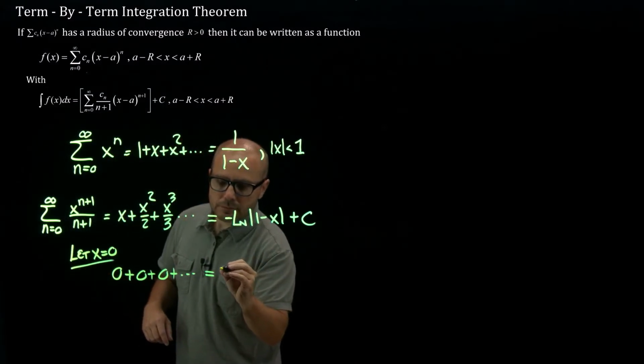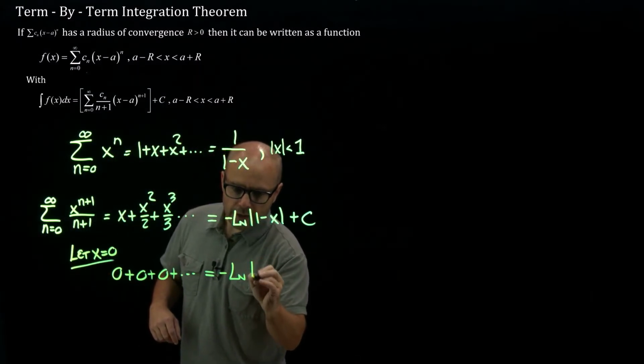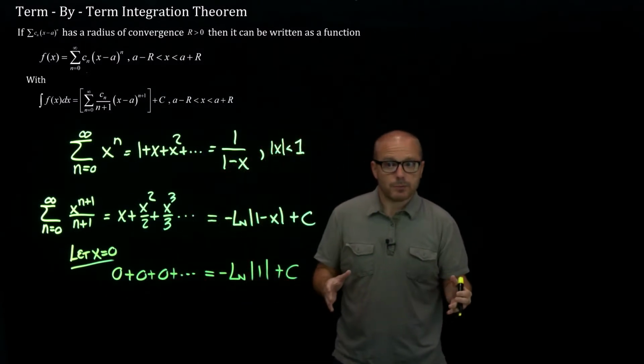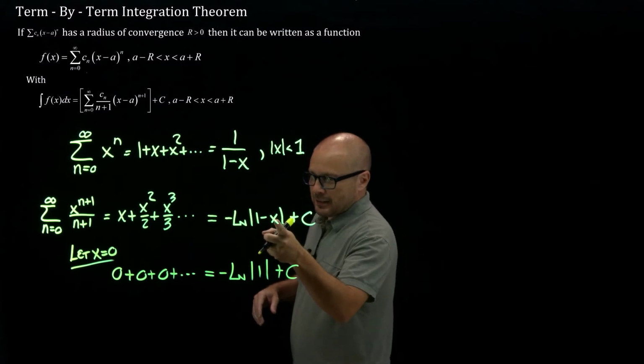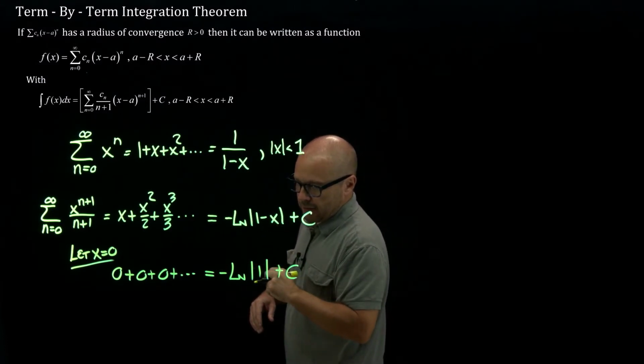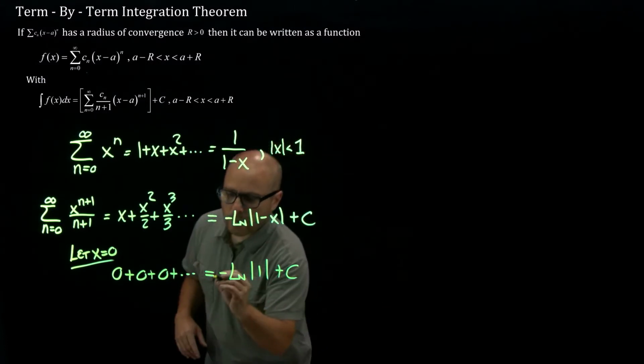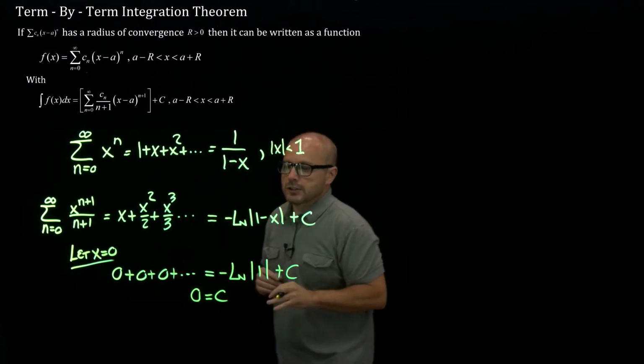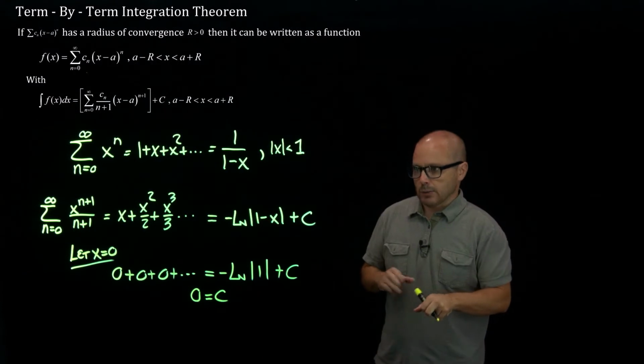Here, we have negative natural log absolute value of 1. But that's 0. That's the reason we picked 0 there. So we'd have natural log of 1, which we know is 0. So it turns out in this case, for this particular function, the constant of integration is 0.